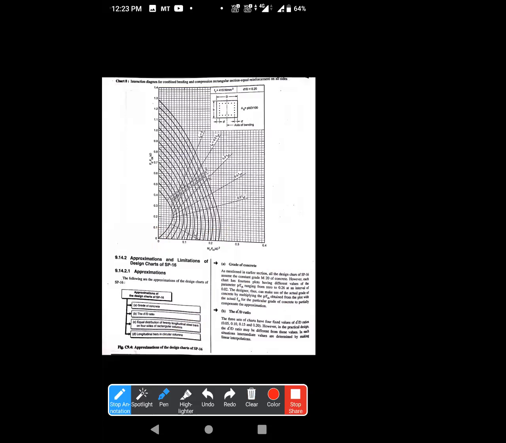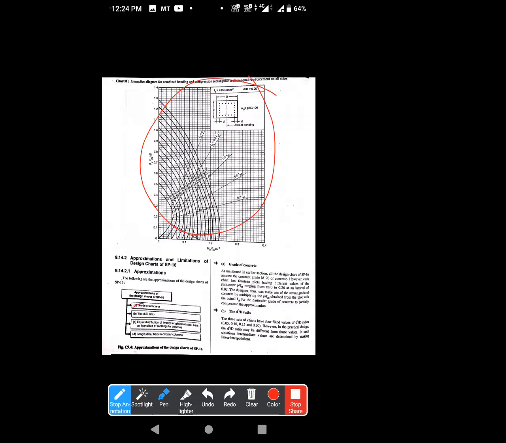What these charts are made for M20. We assume that these charts are made for M20. If your grade is M25, then how can you use these charts? For this, what you have to do is multiply by the grade of concrete.